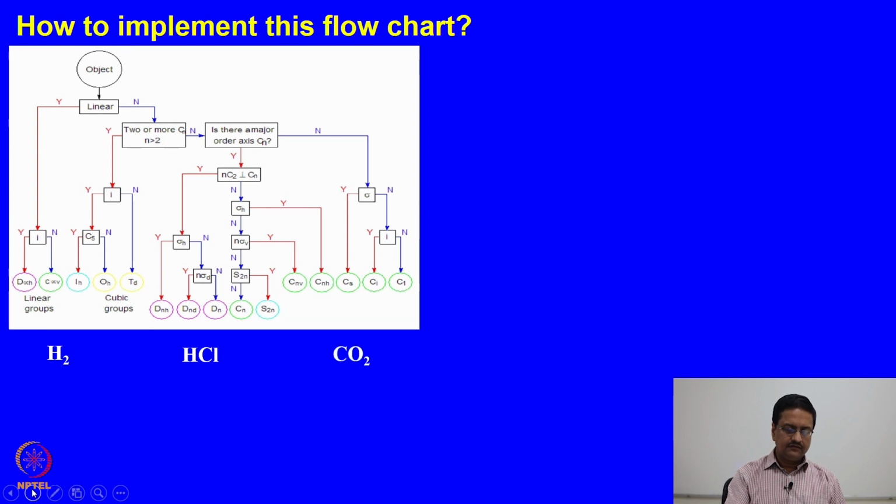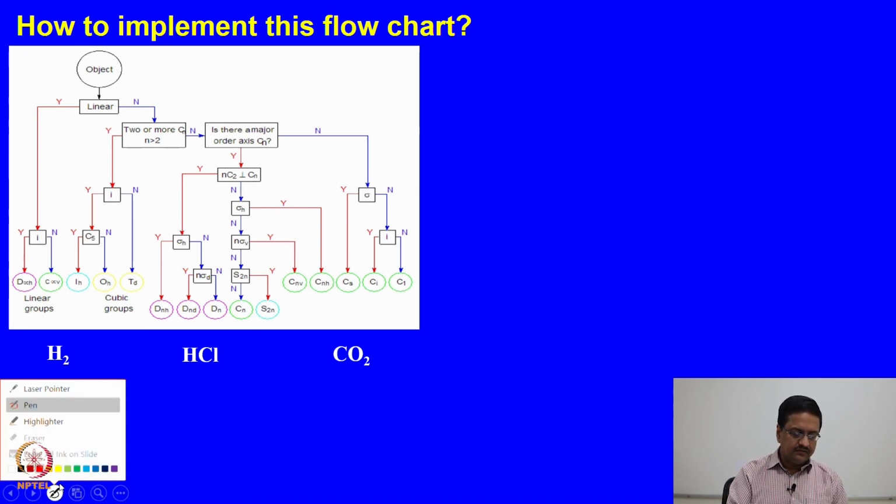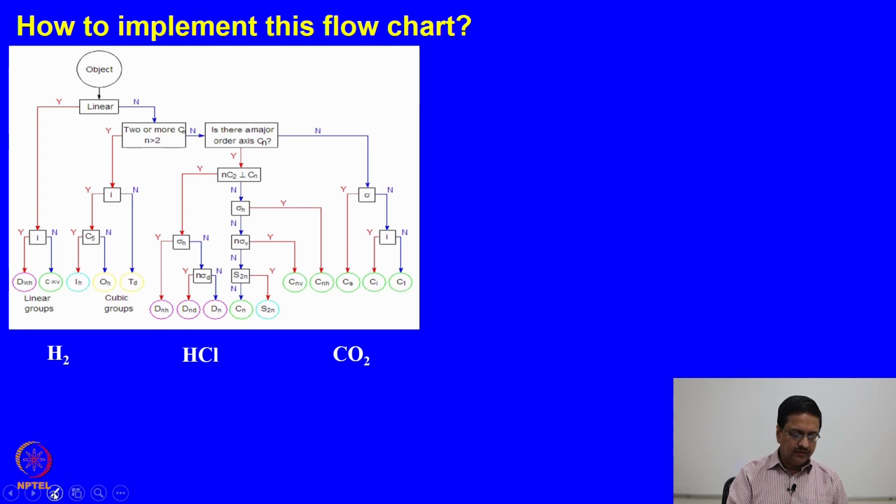So, let us first discuss the point groups of these three very simple linear molecules. In case of the hydrogen molecule, as we all know, it is linear. What are the symmetry elements that are present in this molecule?